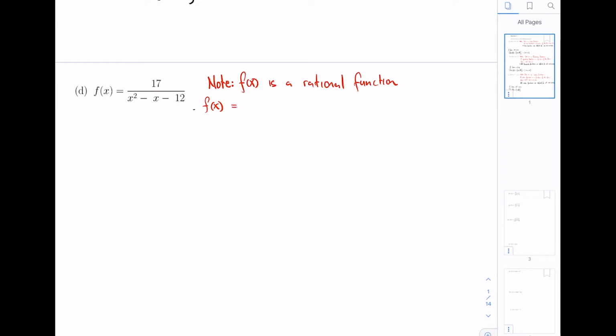So f of x equals g of x over h of x, right, is rational if g of x is a polynomial and h of x is a polynomial.